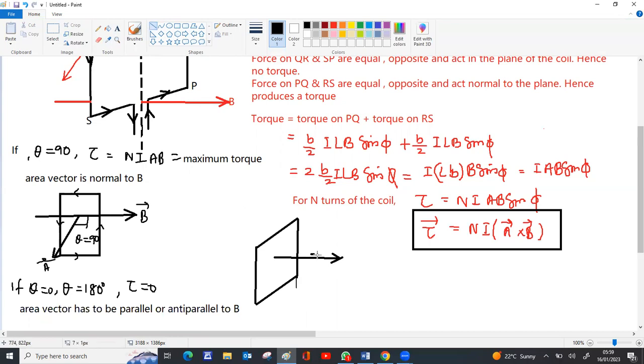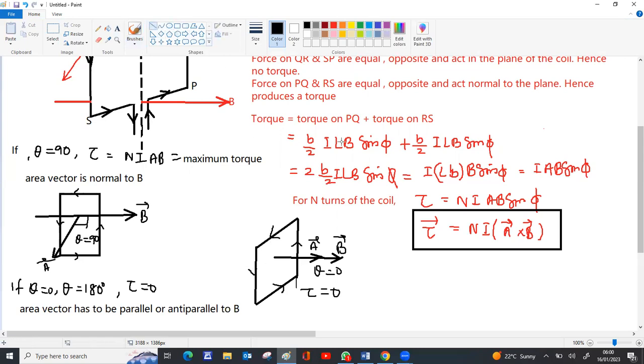Even the magnetic lines will be like this. That time area vector and magnetic field are parallel. Theta is 0. So it will be 0. If the area vector is opposite and the magnetic field is towards the right, that time also it will be 0.